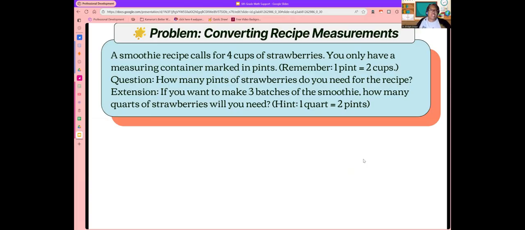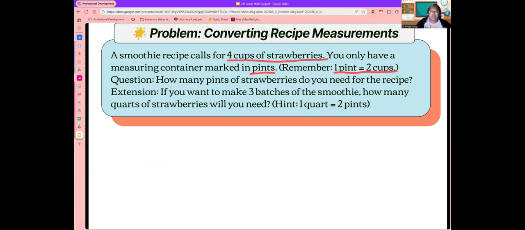If we look at the smoothie recipe, it says that it needs 4 cups of strawberries. Now, of course, the problem is we don't have a cup that measures in cups. We have a container that measures in pints. But that's not a problem because we know that 1 pint equals 2 cups.